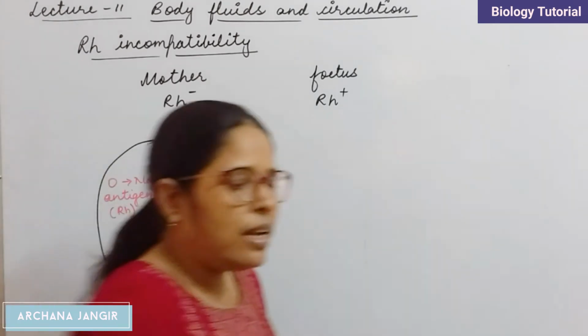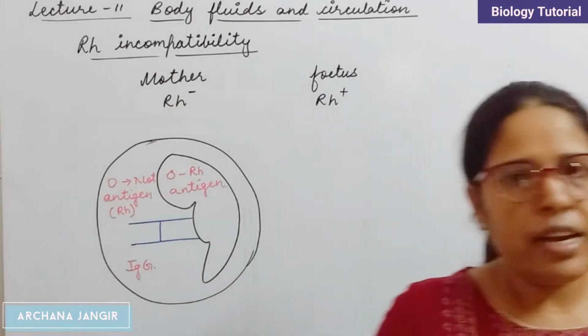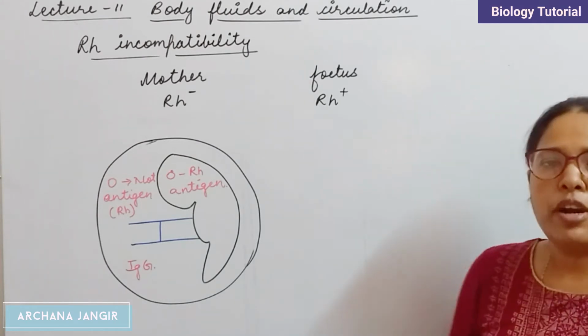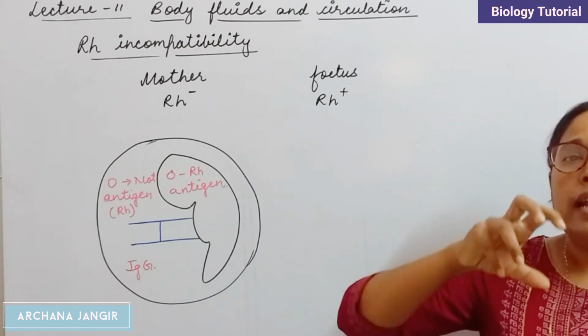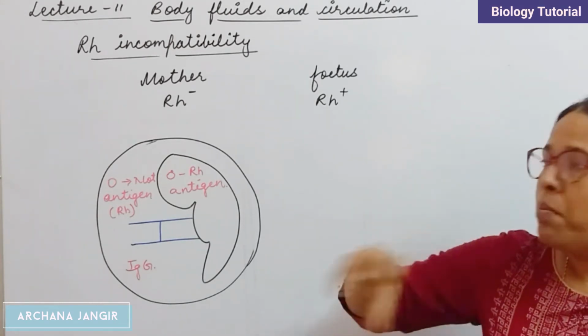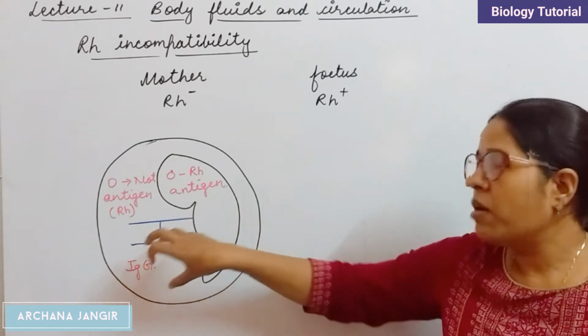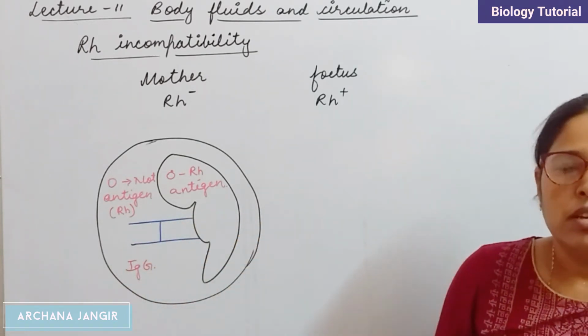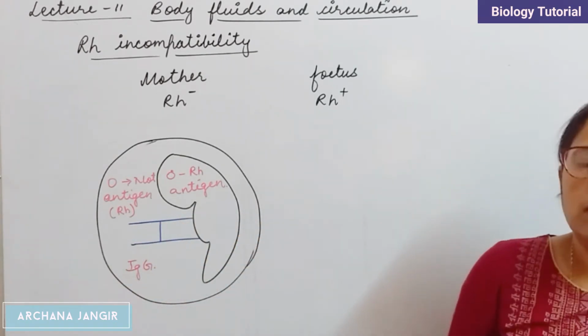At the time of parturition, the child gets developed, and at the time of parturition, what will happen? Some fetal blood and maternal blood can mix. Clear?